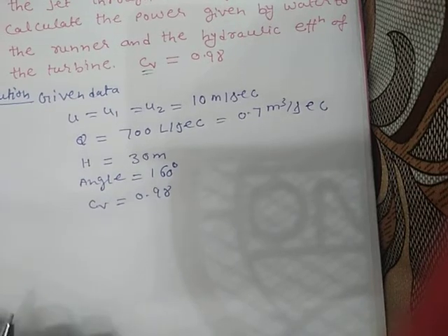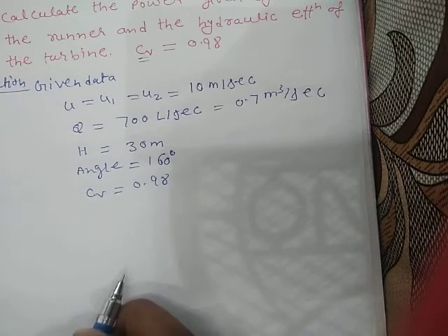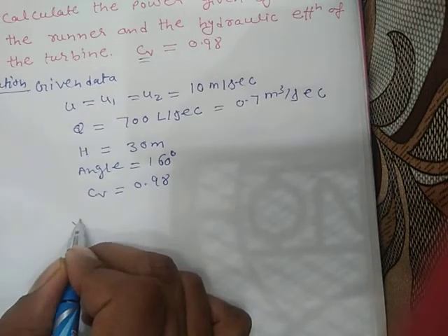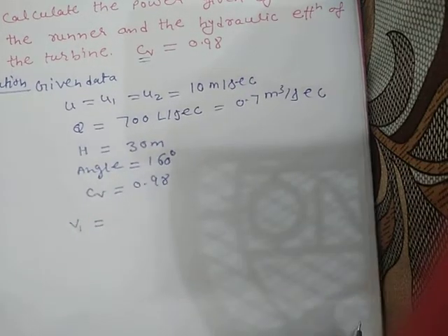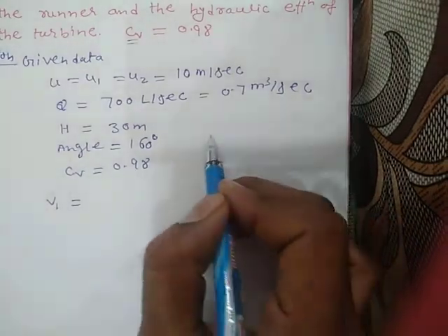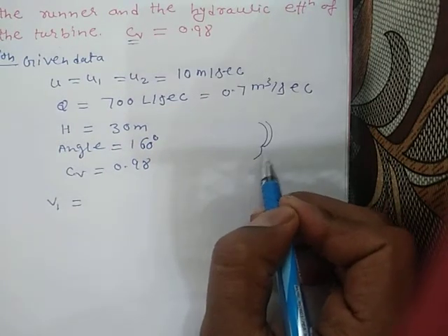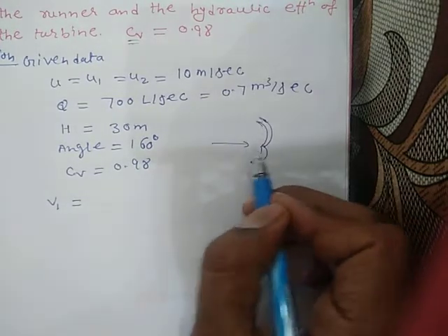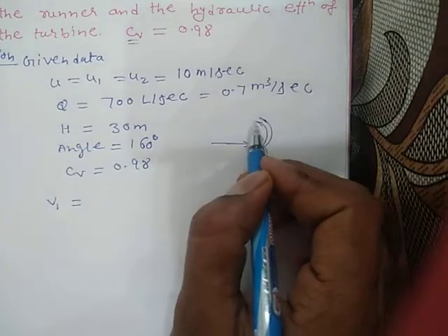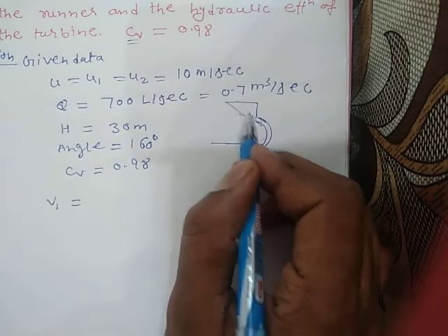Now the velocity of jet, we can write the velocity of jet V1. We can draw a diagram just like that. See here, this is a Pelton turbine, this is a jet from this side, and this is a velocity triangle you can see.